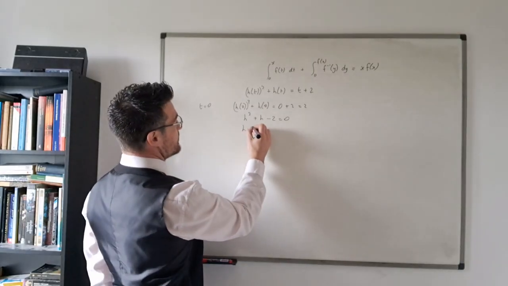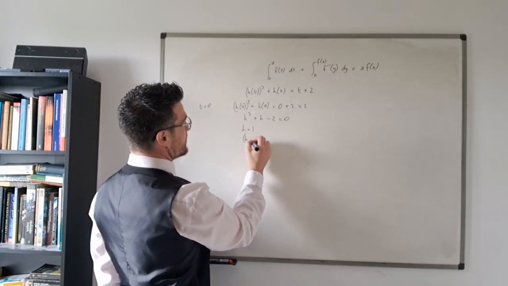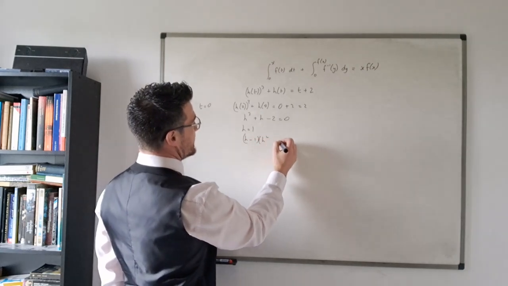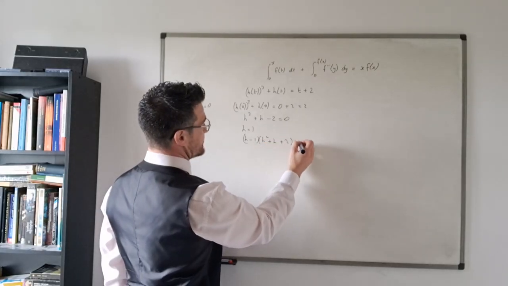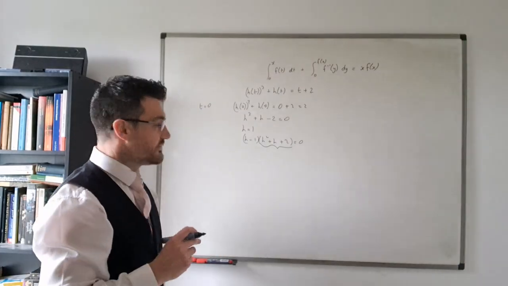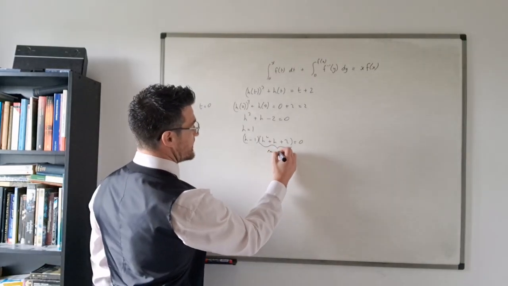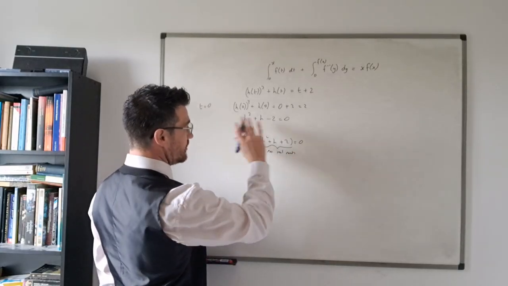So if h equals 1, what do we get? We get h minus 1, h squared plus 2 plus h equals 0. So again, h is a real valued function, so there's no real roots here. Check the discriminant, so h equals 1 is the only solution.